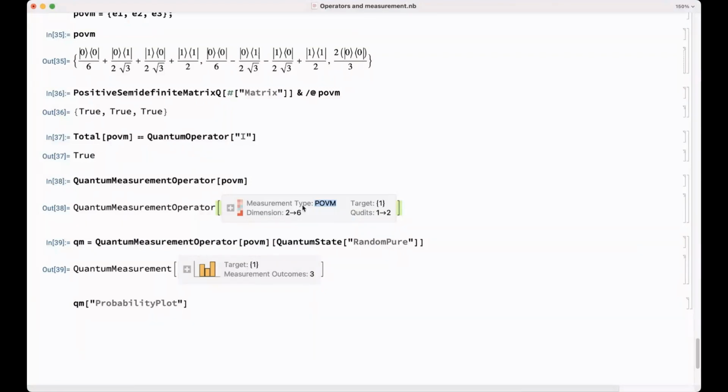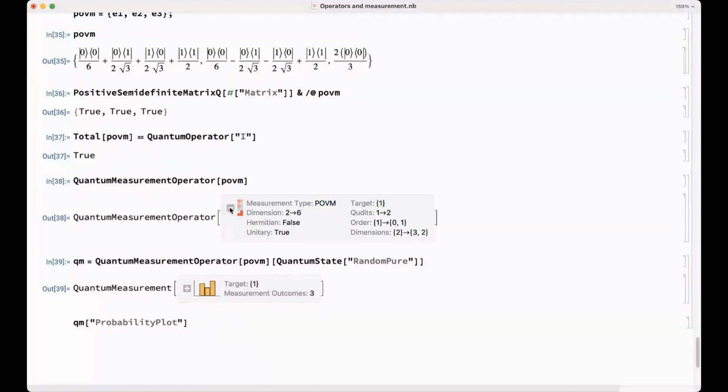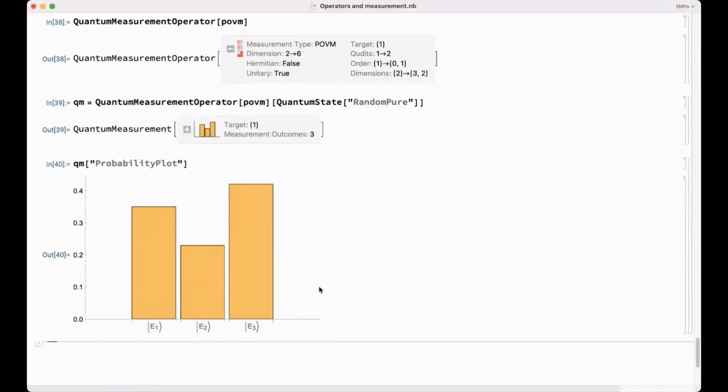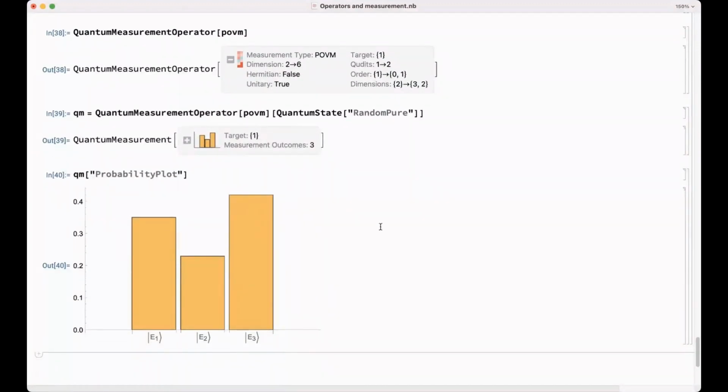And although you are measuring a two-dimensional system, you get three results, and each result corresponds to those states that we defined at the very beginning. We can look at the probability plot, where E1 corresponds to state number 1, E2, and E3. So it's like measuring a spin one-half system, but because I'm doing a generic measurement, we are getting three results.